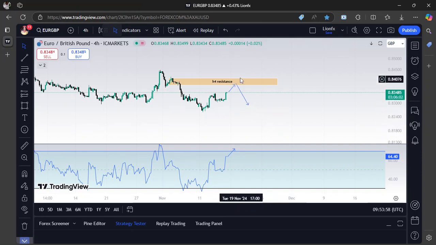Now, one thing, this is where I take my sell, and it must be in tandem with the RSI in H4 and daily. One of the simplest strategies I love doing.